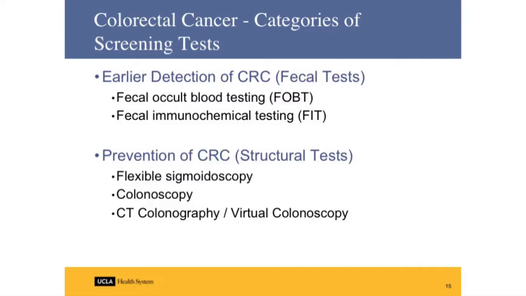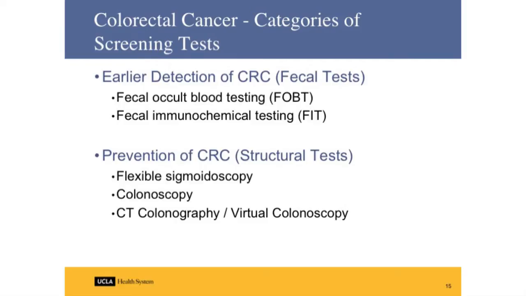Now, coming to colorectal cancer screening, there are different modes of screening. They're classified into early detection of colorectal cancer, which include the stool tests. So there's fecal occult blood testing and the fecal immunochemical testing, or FIT testing.